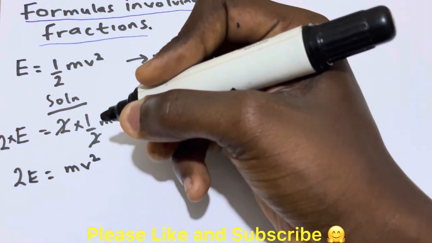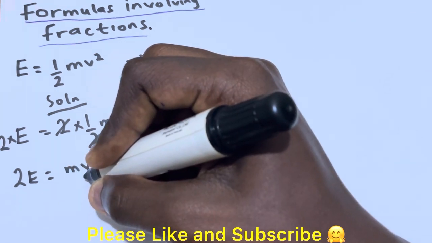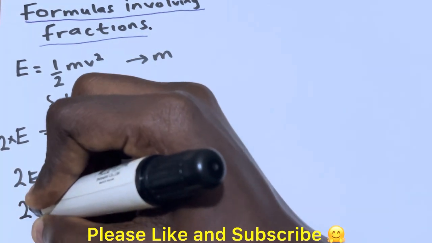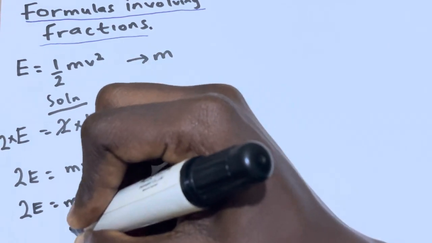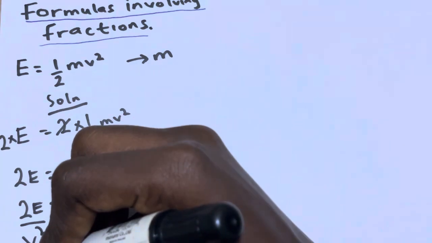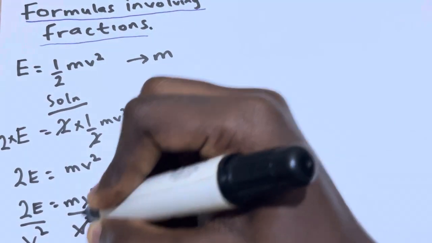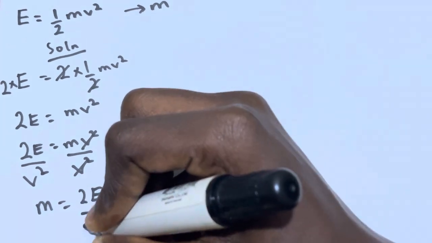If you have to make m the subject, everything else is out, so just divide both sides by v squared. So 2e over v squared equals mv squared divided by v squared. So we have m equal to 2e on v squared.